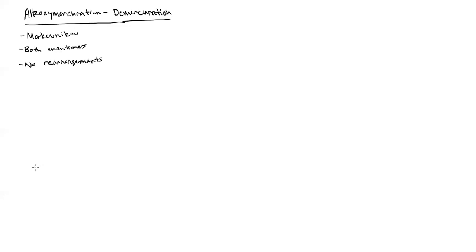So I'm just going to do 2 examples of this. The mechanism is exactly the same. I'll explain the difference, and other than that, we're just going to do 2 examples and that's it. I'm going to do this one, and then I'm also going to do this one. We've already seen these 2 molecules.